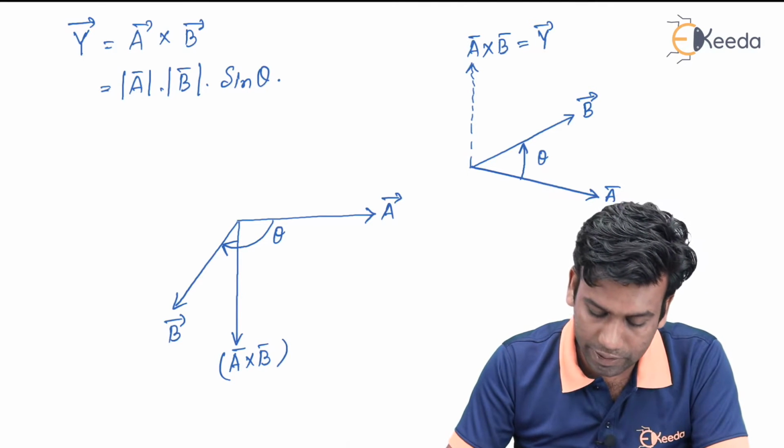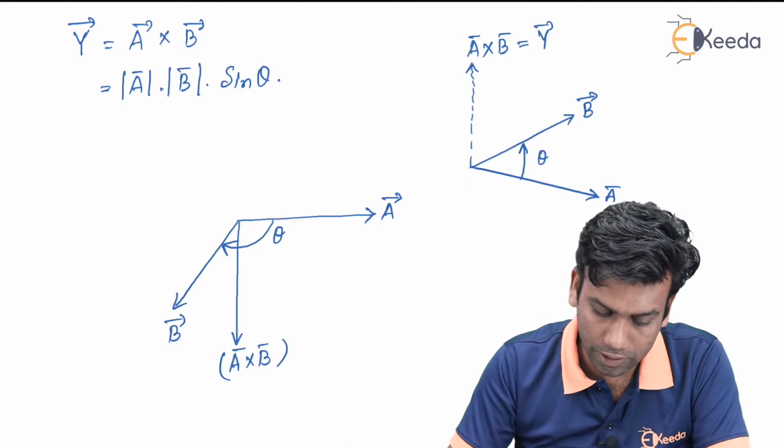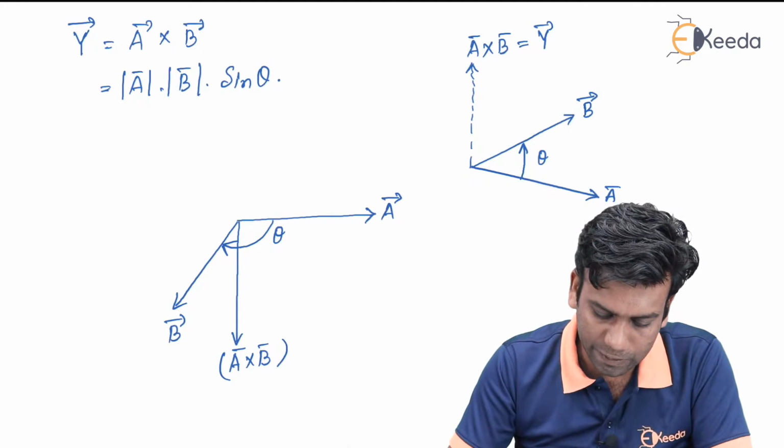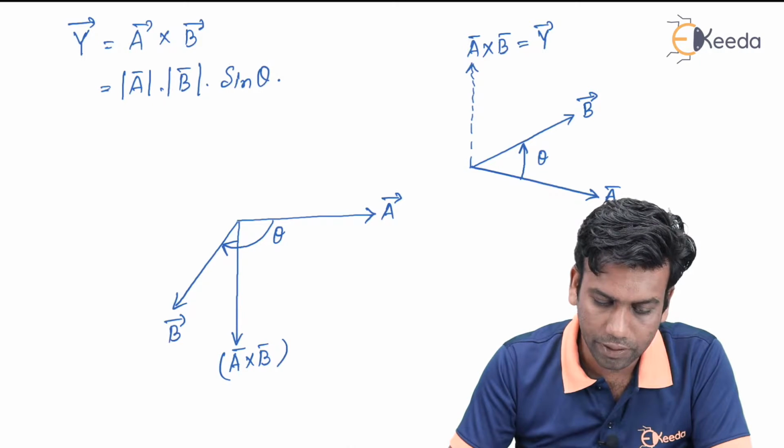So, this is the basic of the cross product. Using this cross product, we will try to explain the Hall effect.